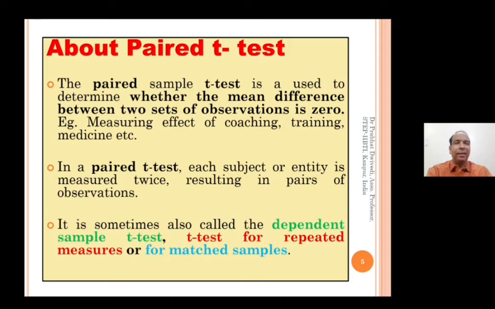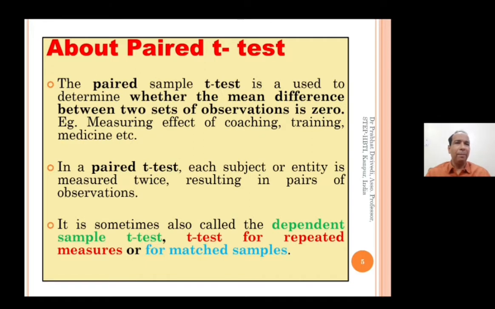Now let's understand a little deeper what the paired t-test is. The paired sample t-test is used to determine whether the mean difference between 2 sets of observations is 0. That is what we test in the paired t-test.